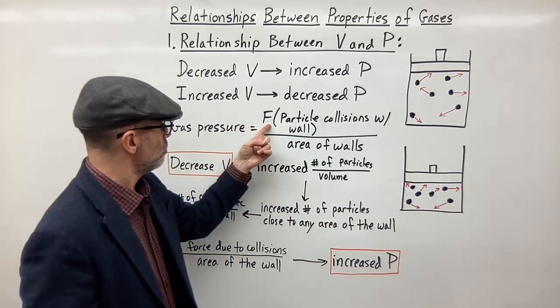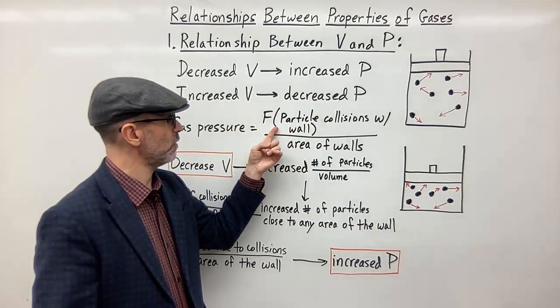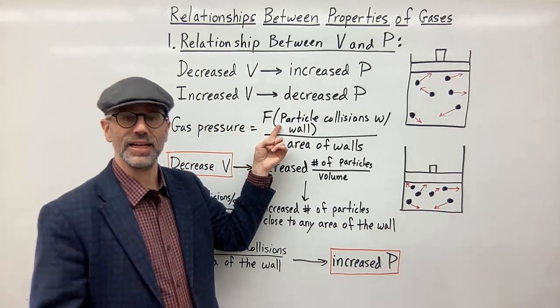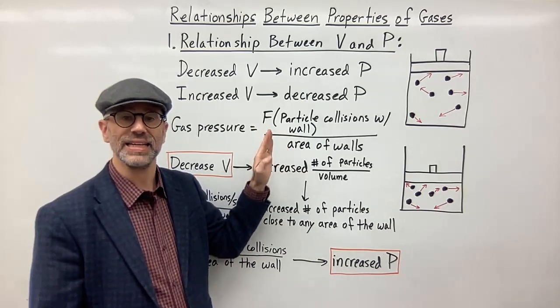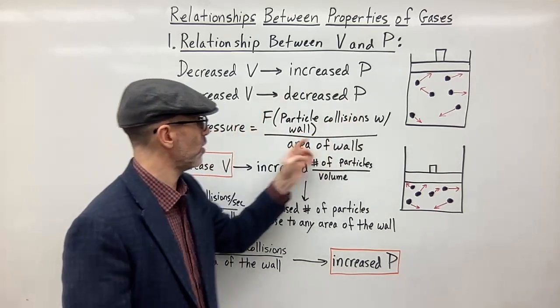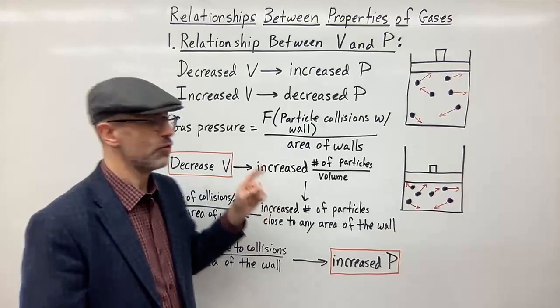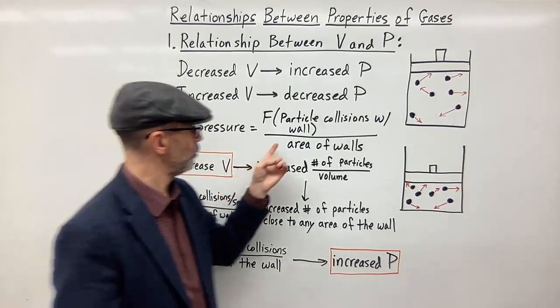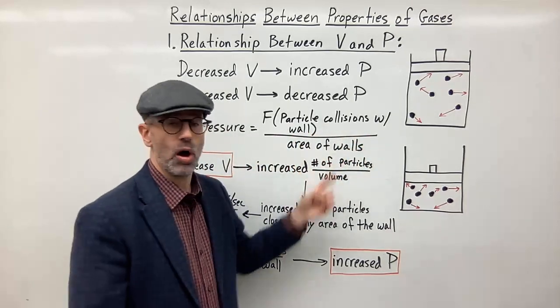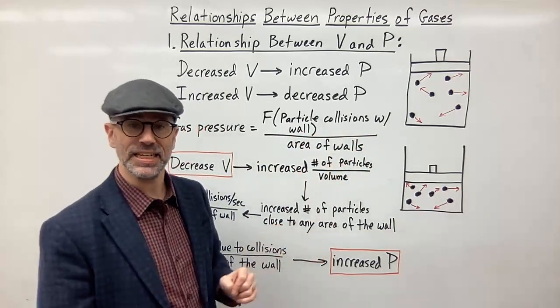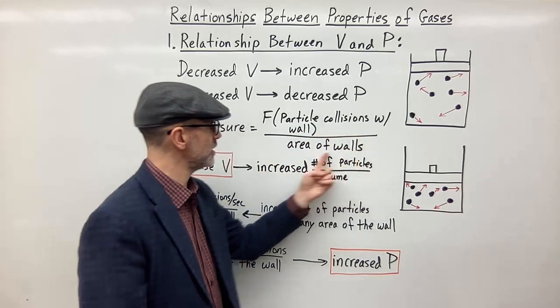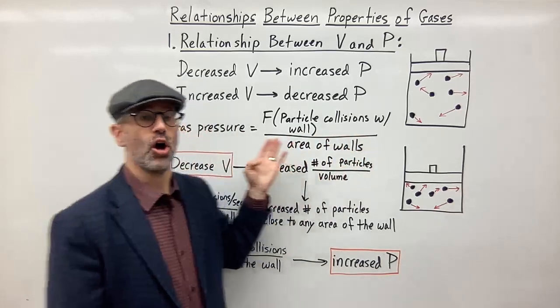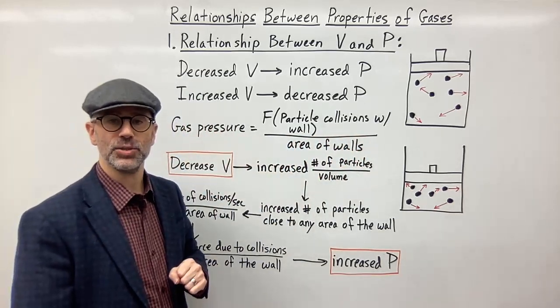The number of particles colliding against the wall at any one moment has increased. So the top part is increasing, and that increases gas pressure. But also the area of the walls has decreased, so decreasing the denominator here also increases gas pressure.